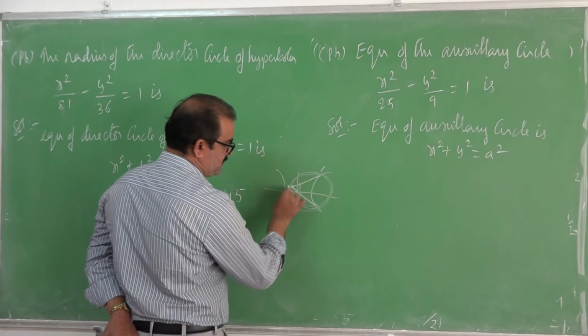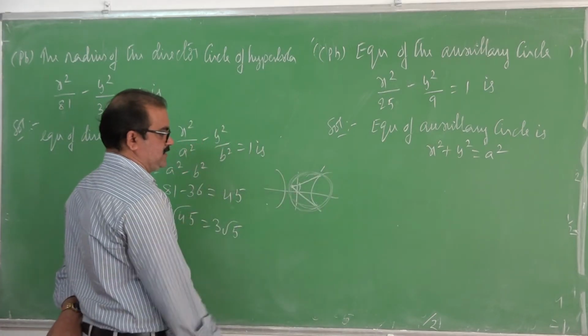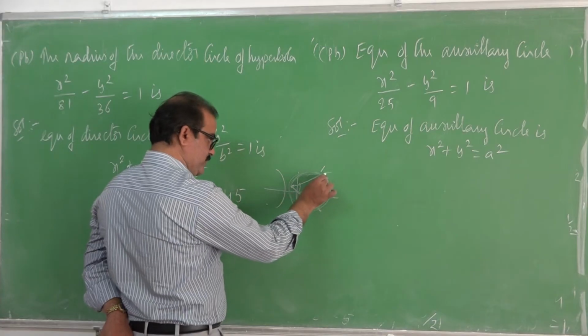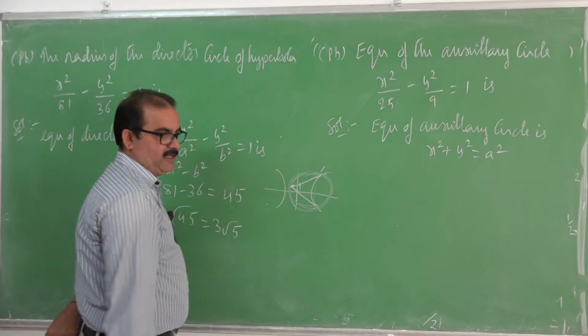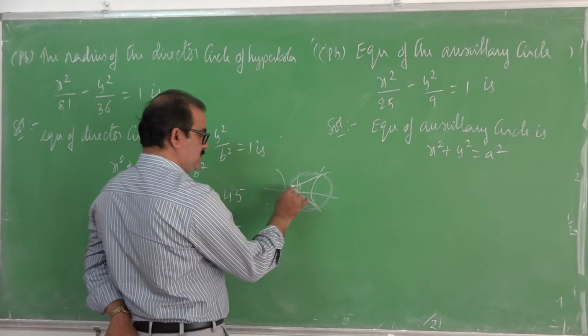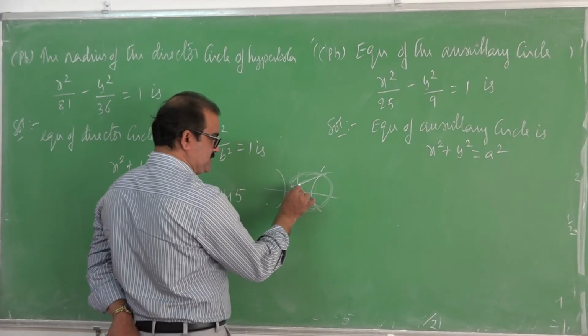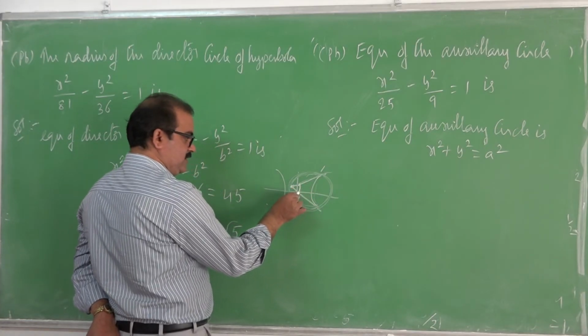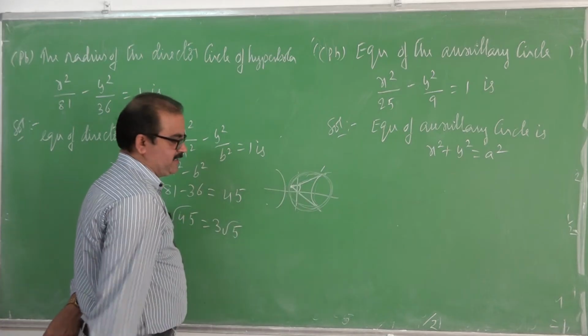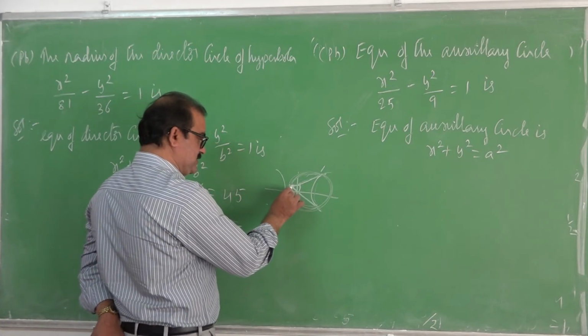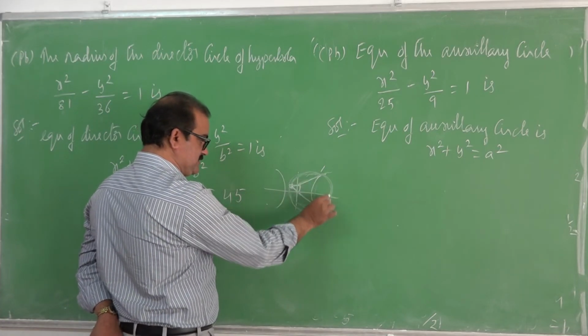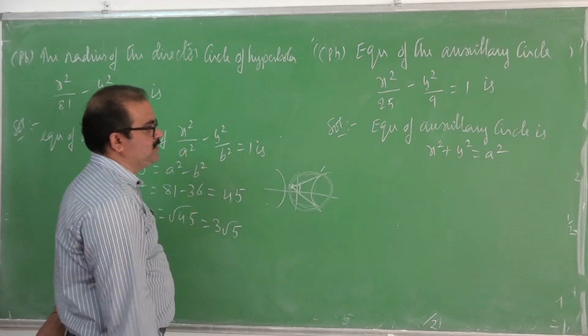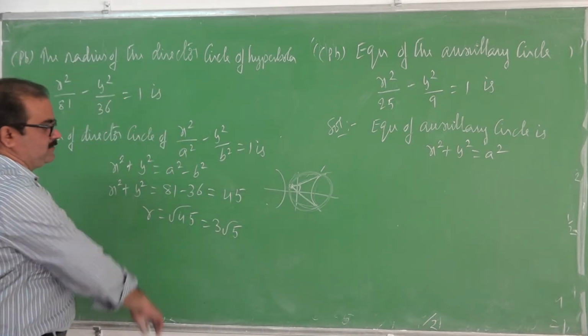This circle is called the director circle. For any conic, either hyperbola or ellipse, if the angle between the tangents from an external point is 90 degrees, the locus of this point is a circle, called the director circle.